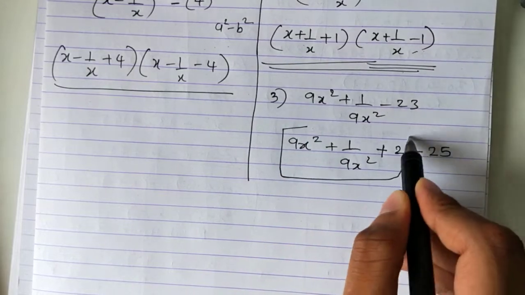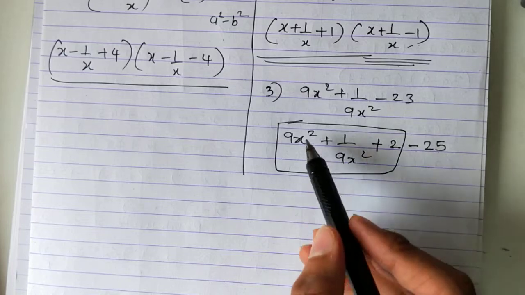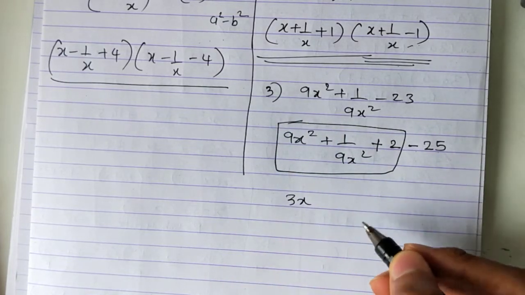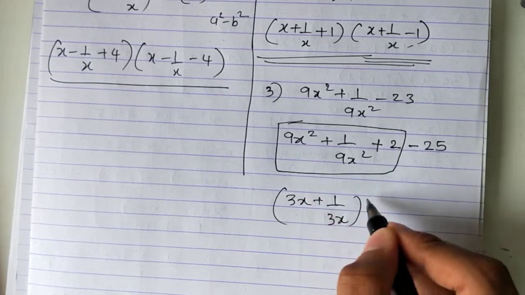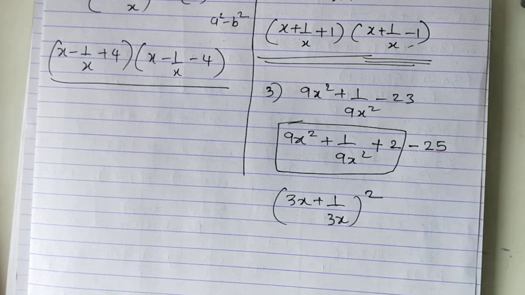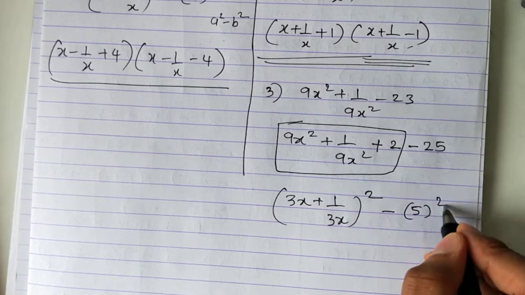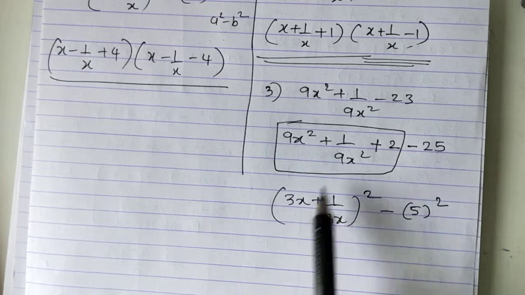Now if you observe these first three terms, this is a square. Square of, see this is a square of which number? 9x square is a square of 3x. Correct? So this is 3x plus 1 upon 3x the whole square. Minus this 25 is 5 square. Okay, see if you have a doubt here, you can even open this bracket in rough work.